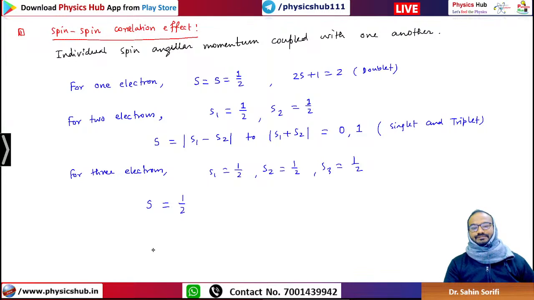If you combine them, let's say up, down, up, you get half, or 3/2 may also be there. So you get half, which is a doublet, and for 3/2, 2 into 3/2 plus 1 is 4, a quartet.